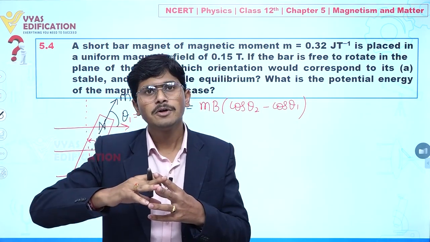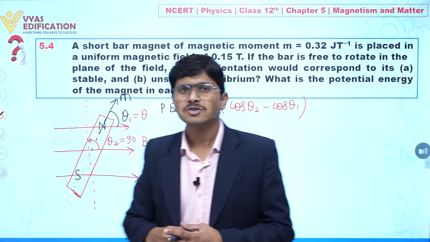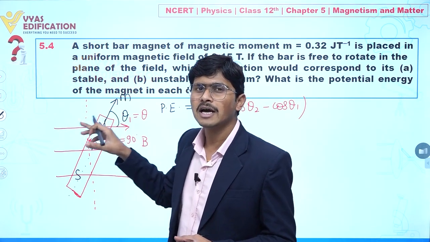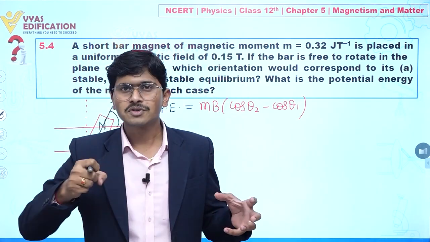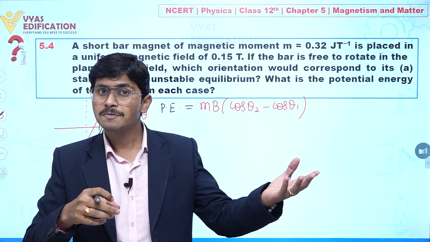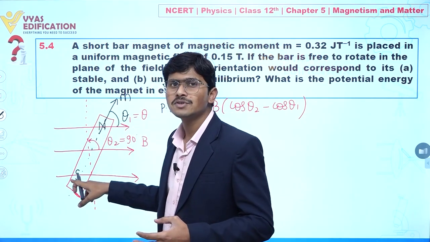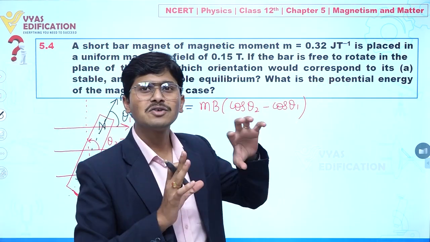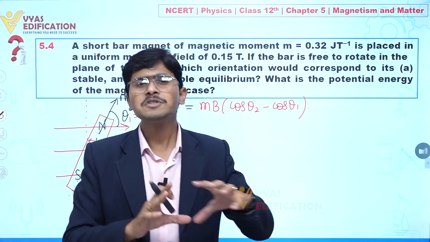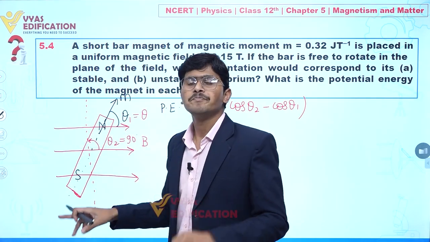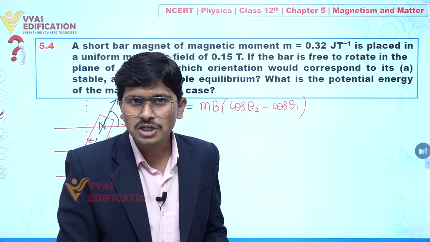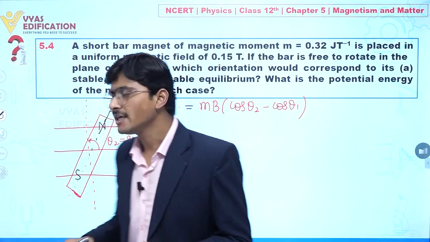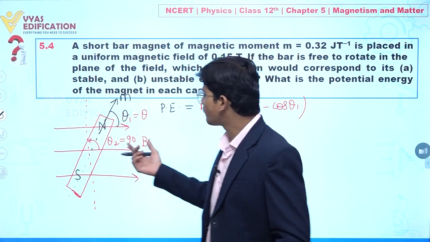For the north pole we have to apply some force against the repulsive forces, and for the south pole we have to apply some force against the attractive forces, so that both poles move with constant velocity. So the net work done at a position perpendicular to the magnetic field is always 0. That's why we are taking this reference at 90 degrees.